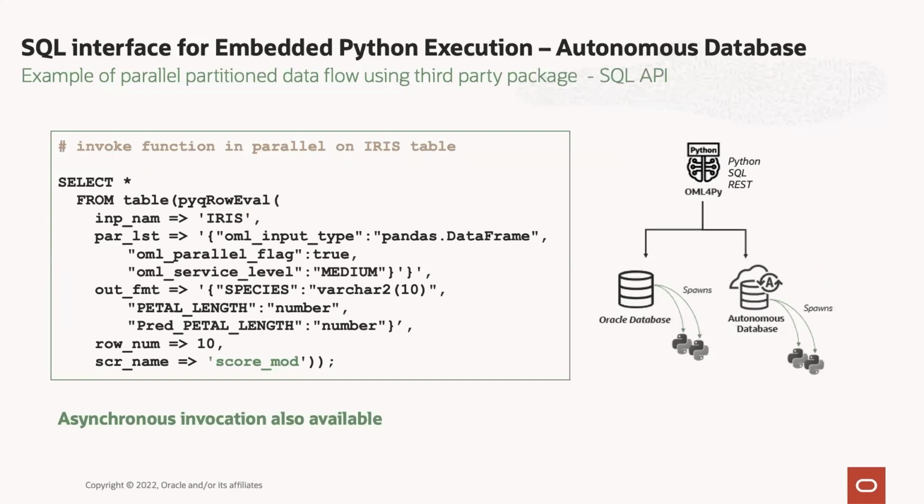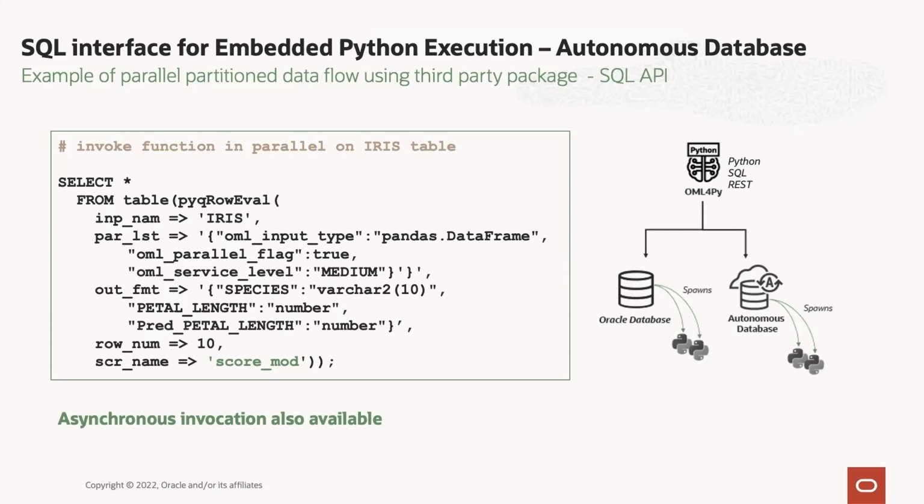And this is the corresponding example of parallel partition data flow using the SQL API and invoking the UDF using the PyQ row eval table function. We run a select statement that invokes PyQ row eval, and we pass in the table name iris. In the parameter list arguments, we pass a JSON string with the OML input type as a pandas data frame. We set the OML parallel flag to true, and we set our service level to medium.